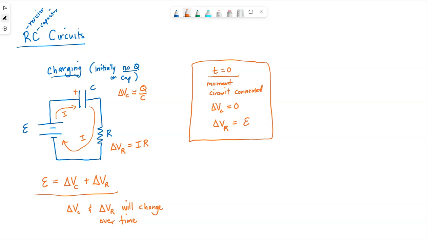The side of the capacitor connected to the positive terminal of the battery will become positively charged, and the other plate will become negatively charged. So as time goes on, the delta V of the capacitor increases as Q increases.